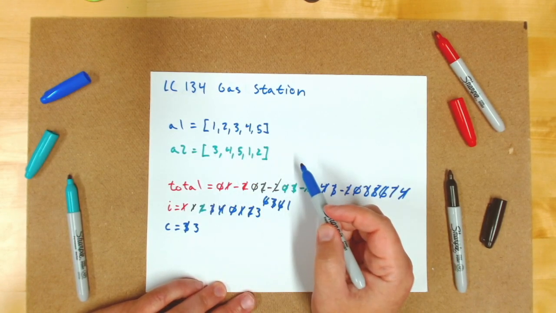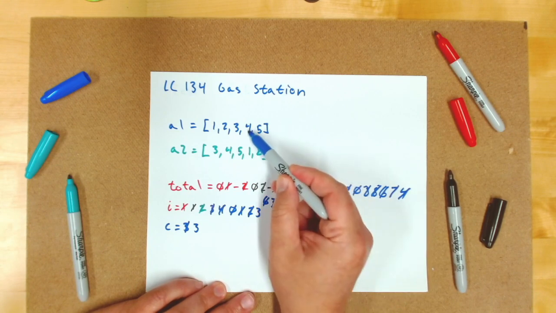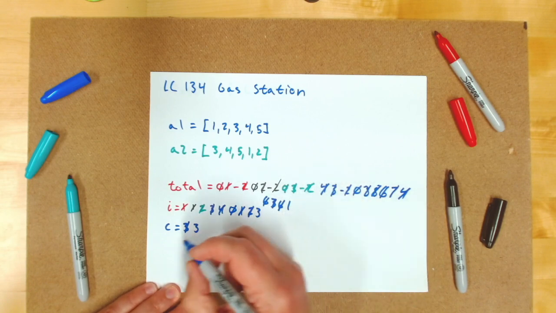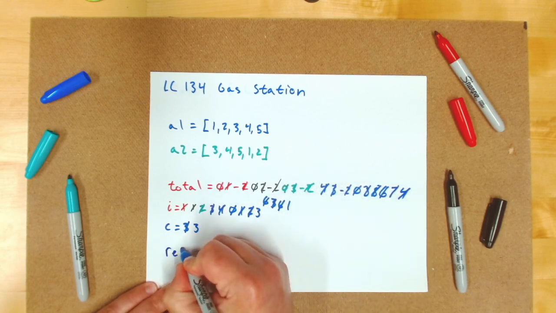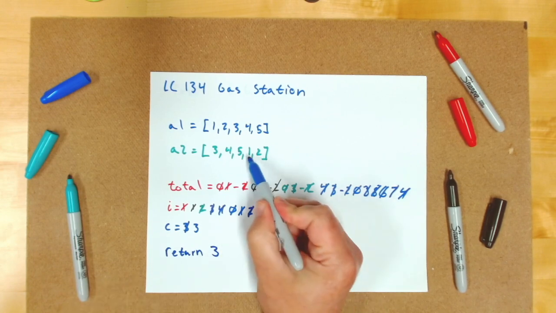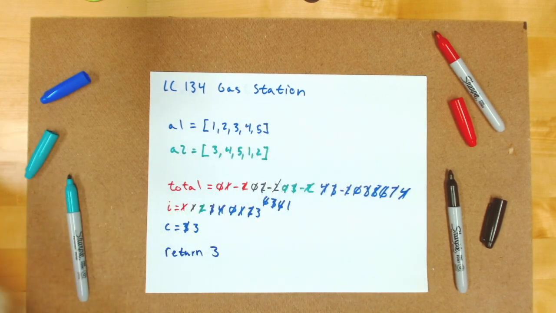But we've already done that, right? So we can go ahead and return 3, because we can start at 3 and get all the way back to 3. And the constraints say that if there is a solution, it's going to be unique. So once we find a solution, we can go ahead and return it. We don't have to keep looking for a better solution.